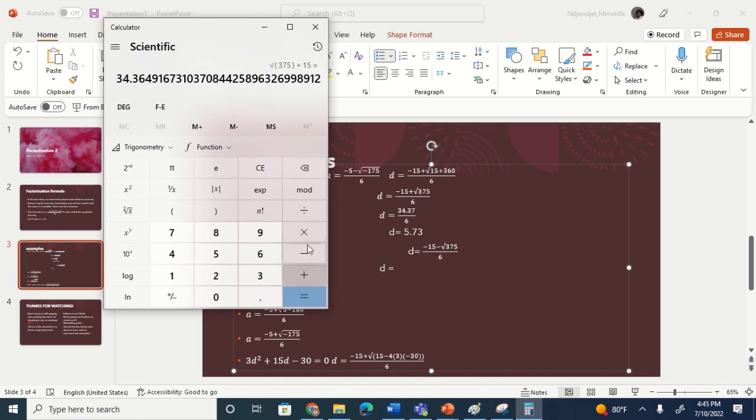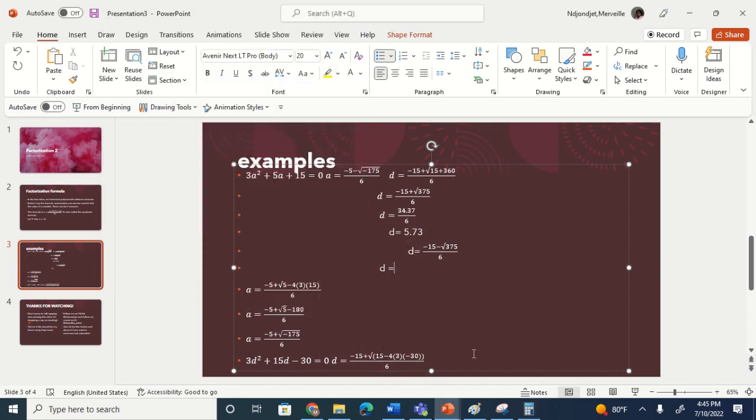So the answer is the same as we did. And if you divide everything, which is 34.37 as you saw, on 6, the answer is now going to be just minus 5.73. All right.